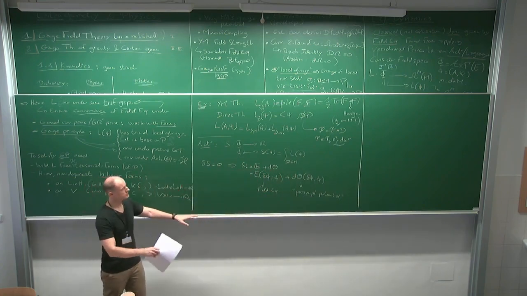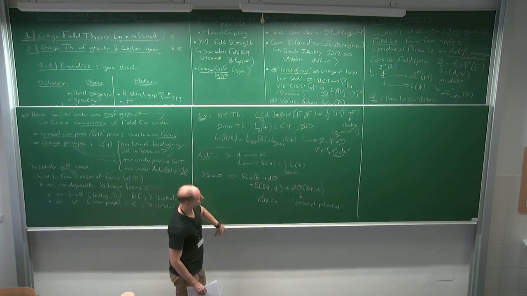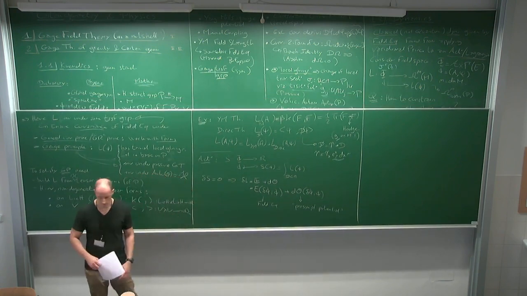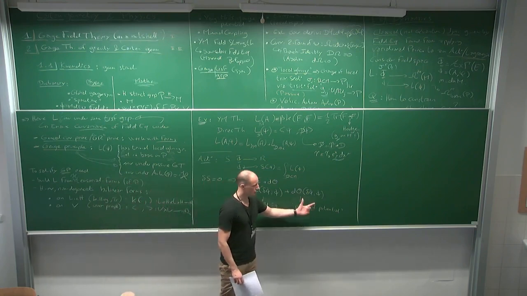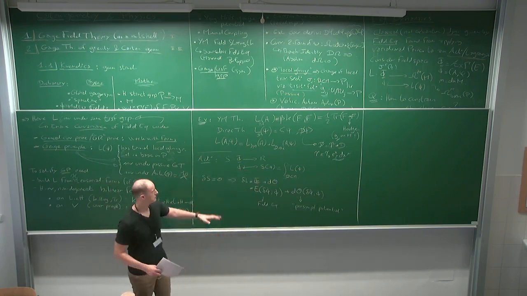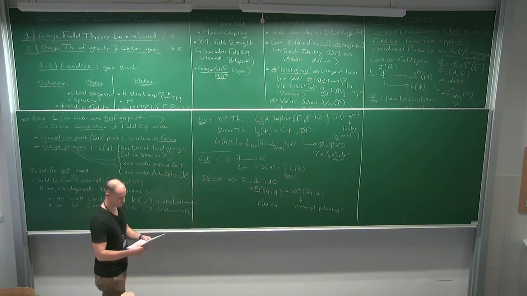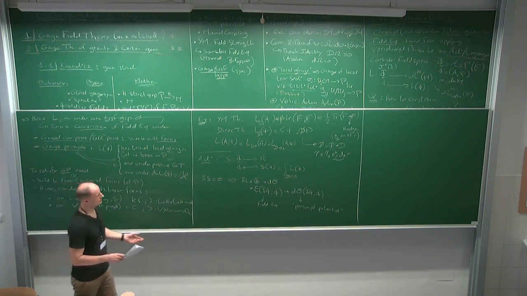I will not go into this, but people trying to extend symplectic geometry to field space often start with that to define a symplectic 2-form on field space and do interesting things.